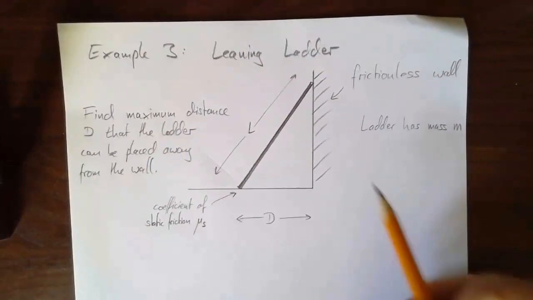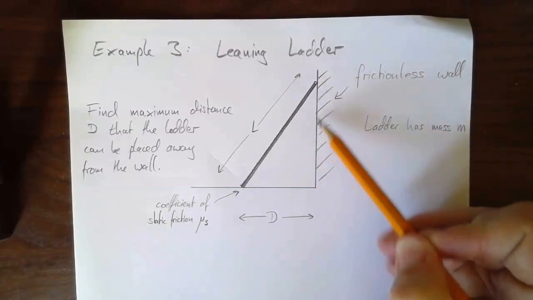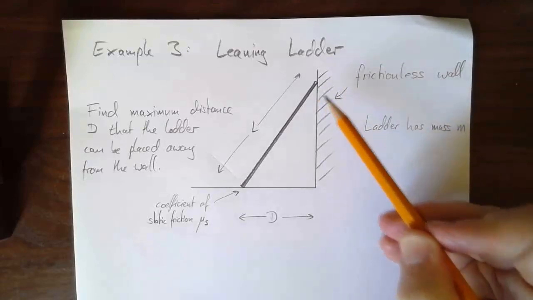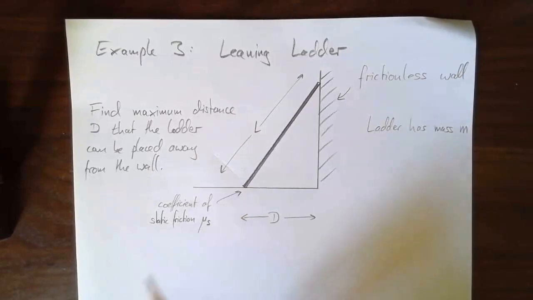To make my life a little bit easier, I'm going to assume that this wall here is frictionless. Of course, real walls are usually not frictionless, but that way I'm only going to worry about the friction between the ground and the ladder. I'm going to assume the coefficient of static friction here is given by the usual symbol μs. I assume it's known.